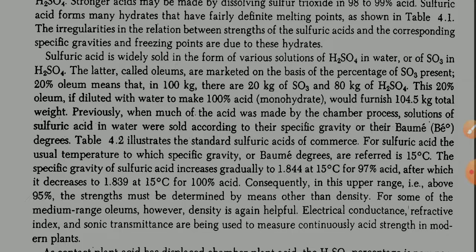A 20% oleum means that in 100 kg there are 20 kg of SO3 and 80 kg of H2SO4. This 20% oleum is diluted with water to make 100% acid and also the monohydrate.